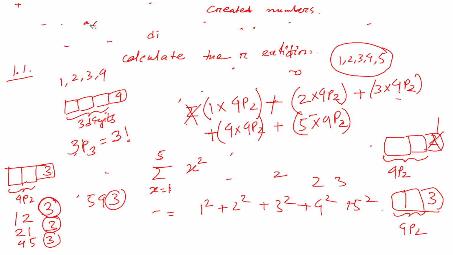It was the one to sum up everything. Yes, the sum of all digits times n minus 1 factorial, right? Okay.